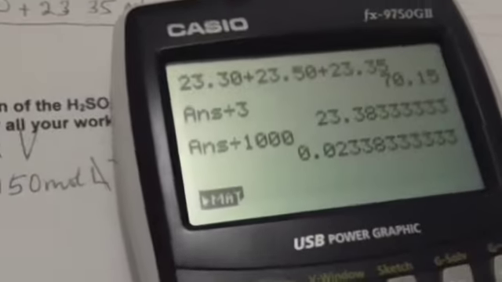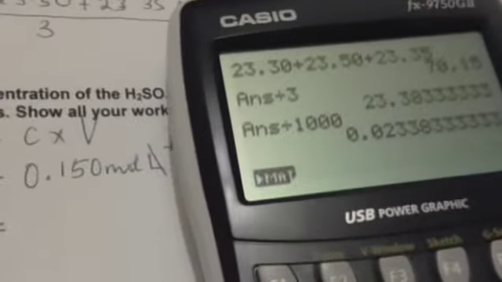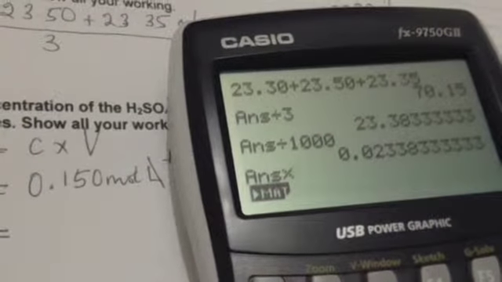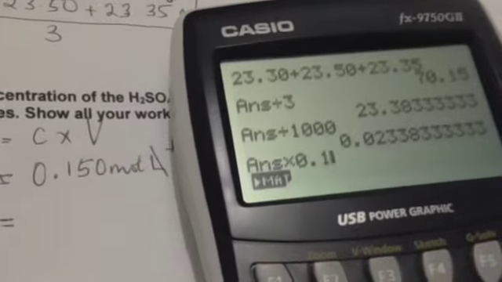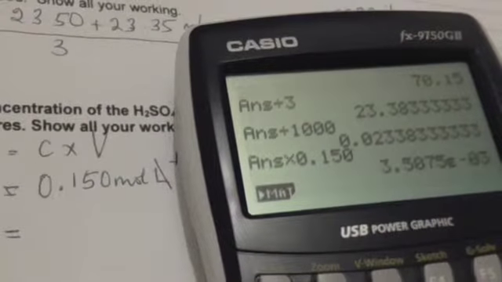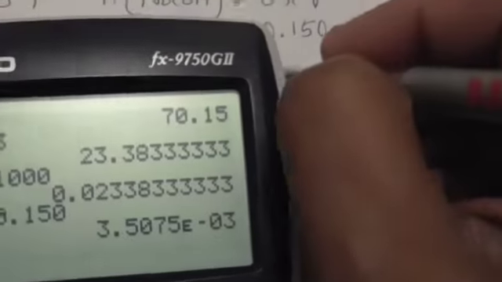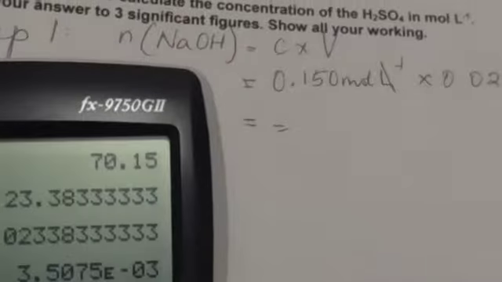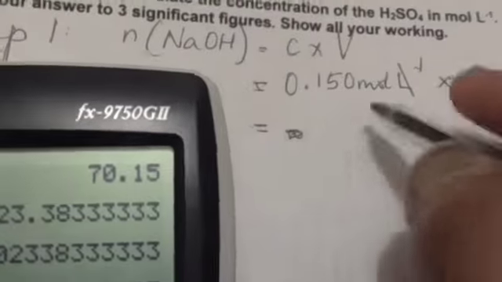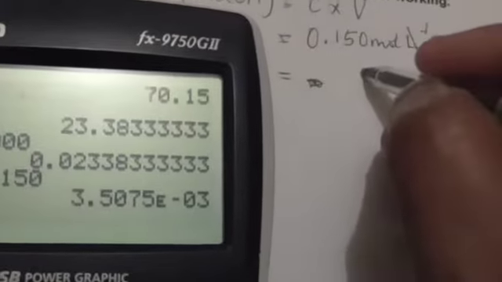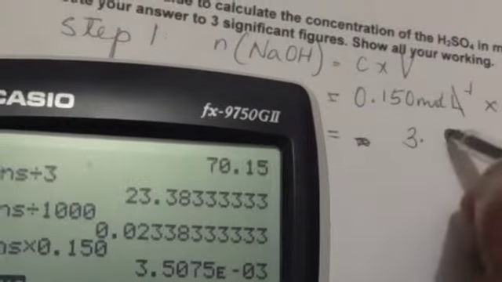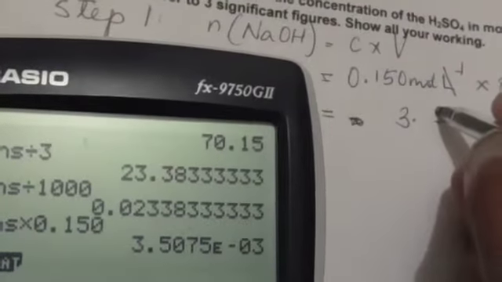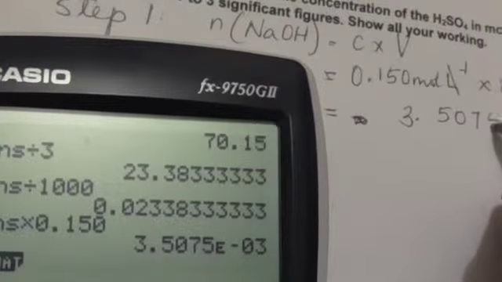Alright, so I bring my calculator back. I've got the numbers sitting here. I don't clear anything, so it makes it easier for me. All I need to do is now multiply it by 0.150. And my answer here is, which is equal to, so that's 3.5075.